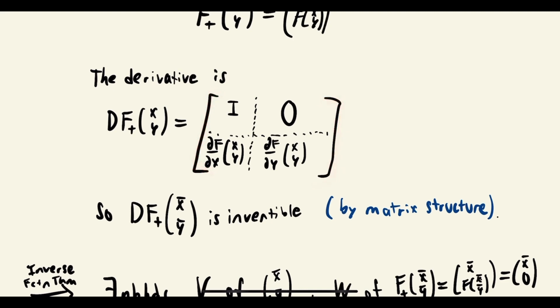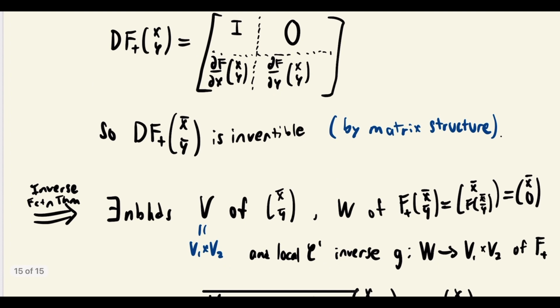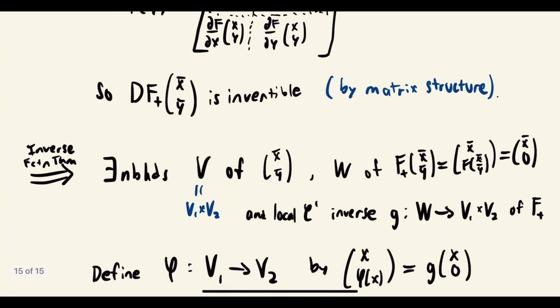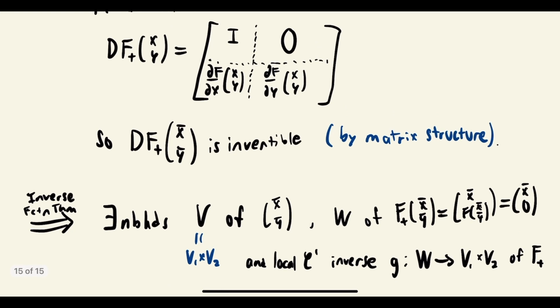And we said that because this and this were invertible at x bar, y bar, then the entire thing here was invertible. Also, we had zeros here. But anyways, because that was invertible, we invoked the inverse function theorem, and that guarantees us that we will have invertibility of this matrix in some local region.